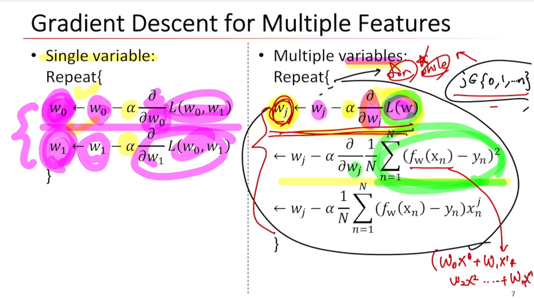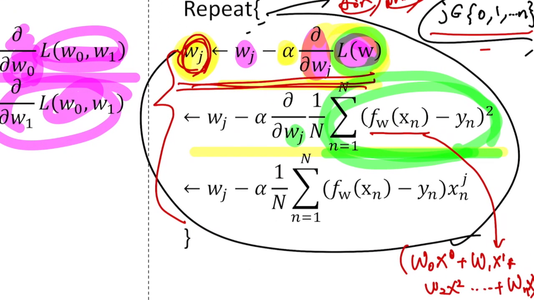Okay, let's do w0 first. What is the derivative of this one with respect to w0? First of all, in this linear equation, this term is only related to w0, right?